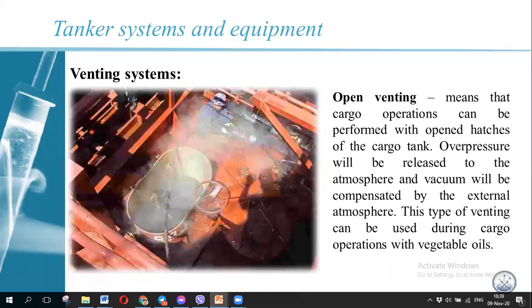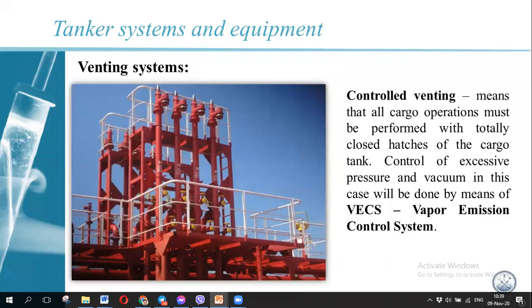With ventilation, you have an open ventilation type, just open the tank, venting the tank. You also have the controlled vapor emission control system, VEC. It's a controlled ventilation, so when you are loading, the cargo gases must go on the vapor return line.